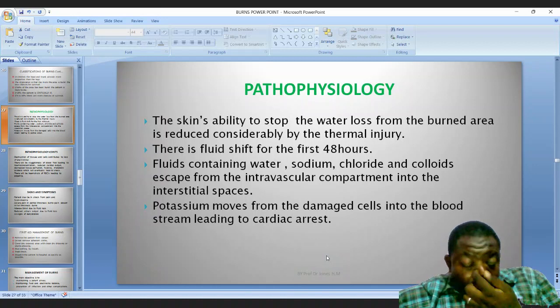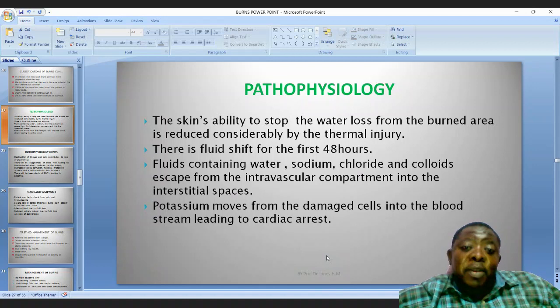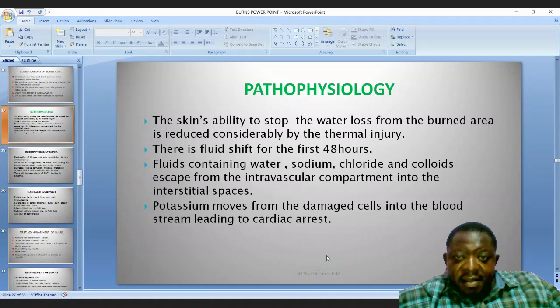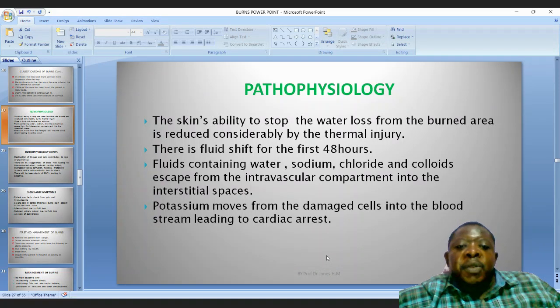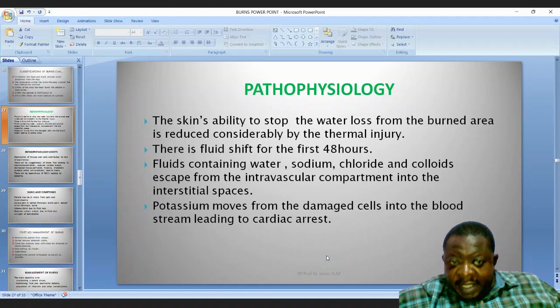In understanding pathophysiology, it will help us understand the problems that may come because of burns. The skin's ability to stop water loss from the burned area will be reduced considerably by the thermal injury because of the destruction of the integrity of the skin.